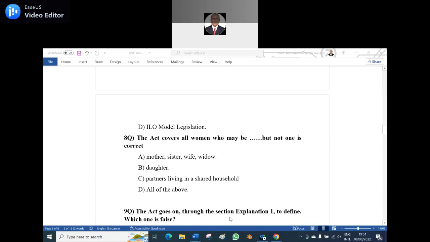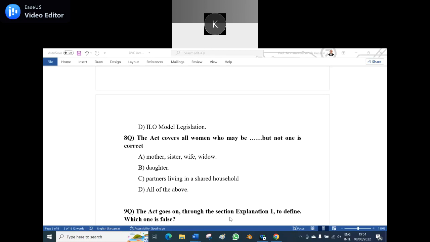Eighth question is, the Act covers all women who may be dash, but not one is correct. Option A, mother, sister, wife, widow. Option B, daughter. Option C, partners living in a shared household. Option D, all of the above.